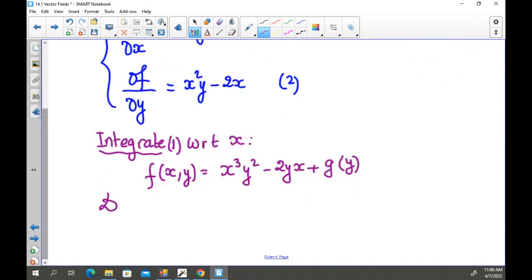And then differentiate this one with respect to y.